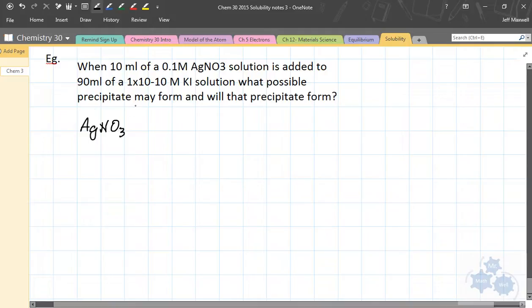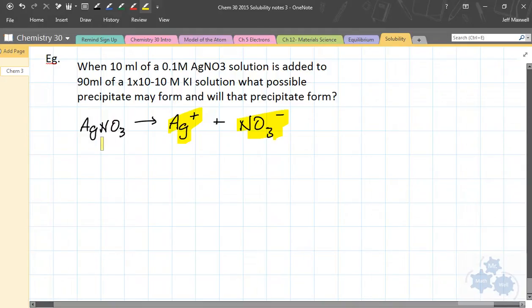But anyways, AgNO3, and that's going to break down to Ag ion, a 1 plus, and NO3, 1 minus ion. So the first thing to understand is we have Ag plus and NO3 minus in solution. Now, is this going to dissolve?